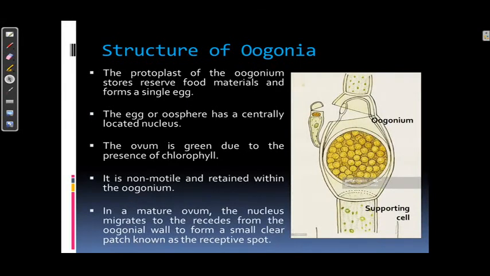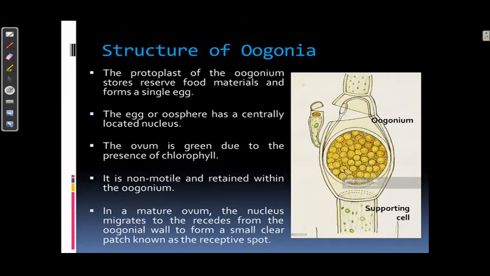Now coming to the structure of oogonium. Oogonium is a single large cell which changes into a single egg.